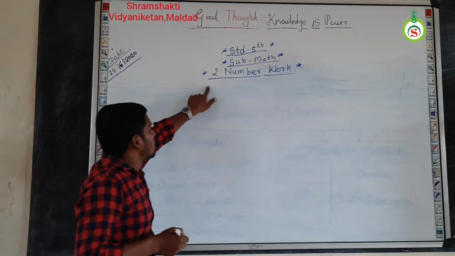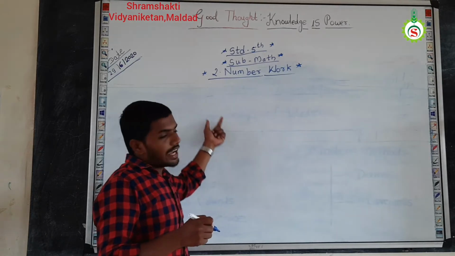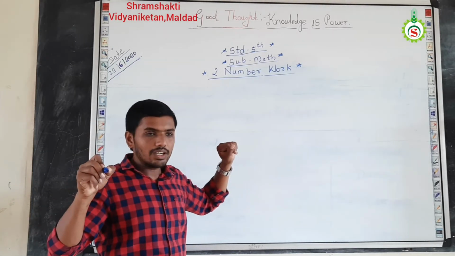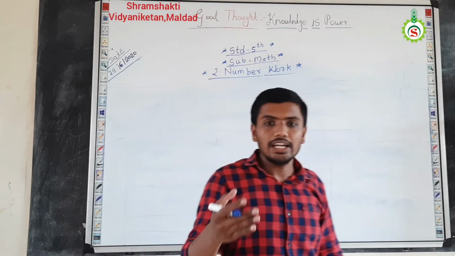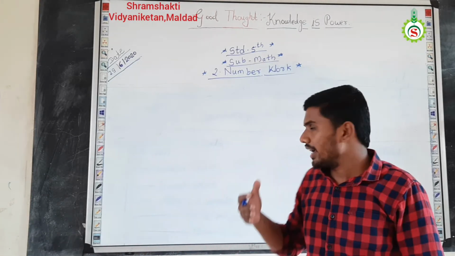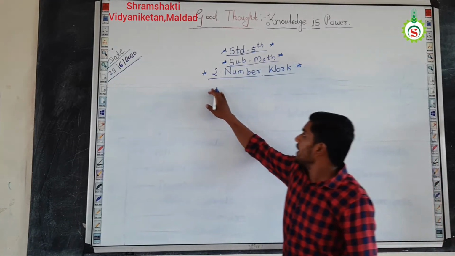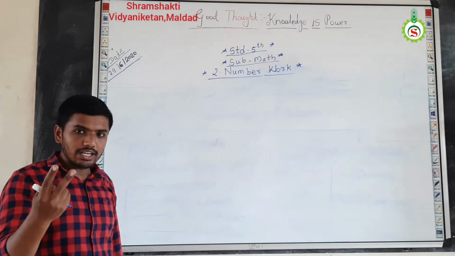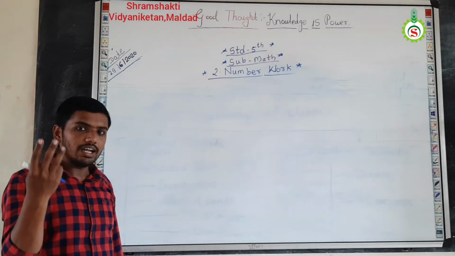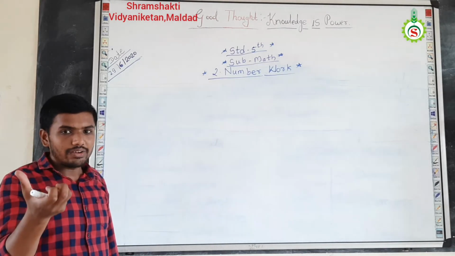In the first standard you learned how to write numbers. After that, up to the fourth standard, you learned how to write single digit numbers, 2 digit numbers, 3 digit numbers, 4 digit numbers, and 5 digit numbers.